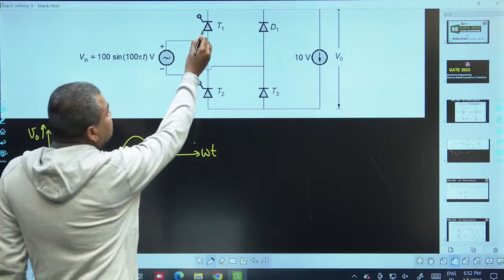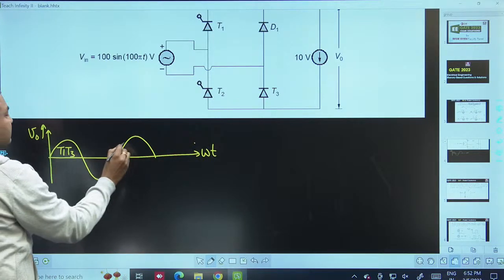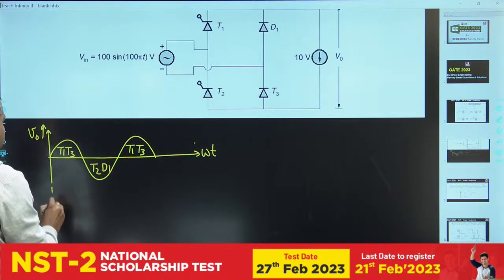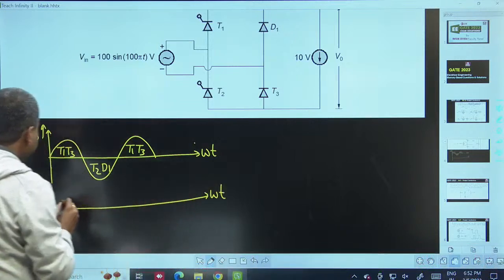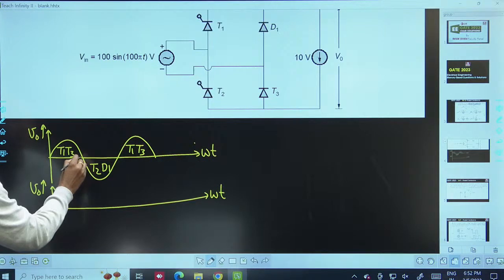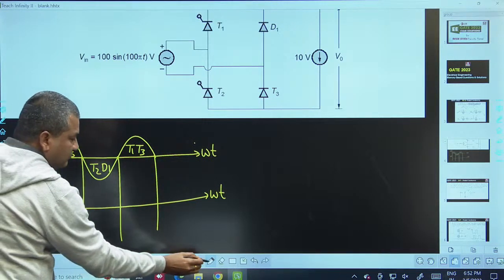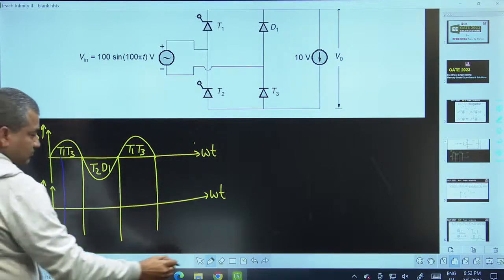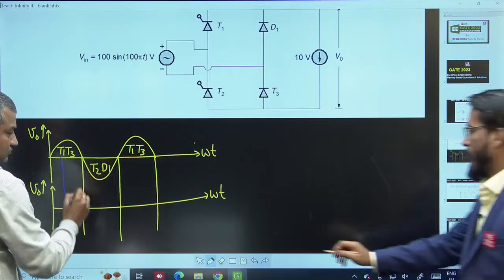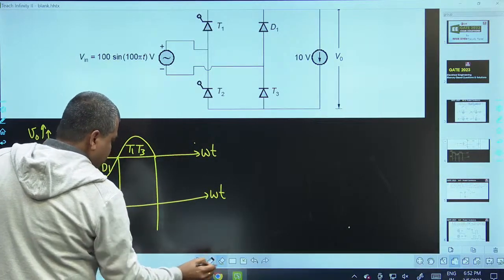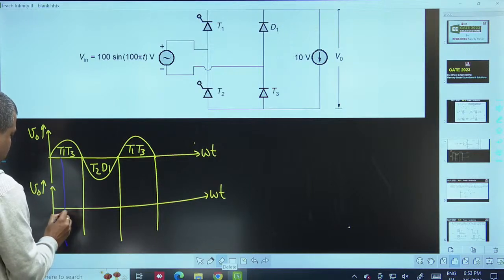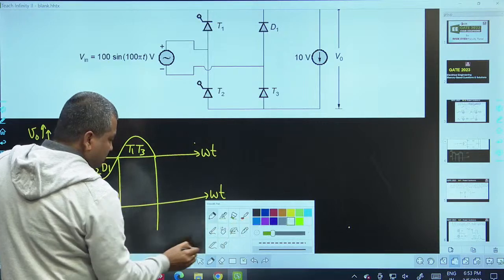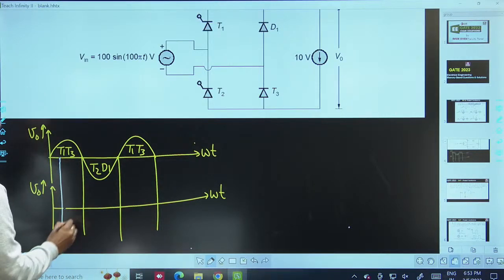If you see here, in the positive cycle these 2 diagonal thyristors T1 and T3 are forward biased, and in the negative cycle these 2 diagonal devices T2 and D1 are forward biased, and the device is triggered at alpha equal to 60 degrees. So here alpha is equal to 60 degrees.